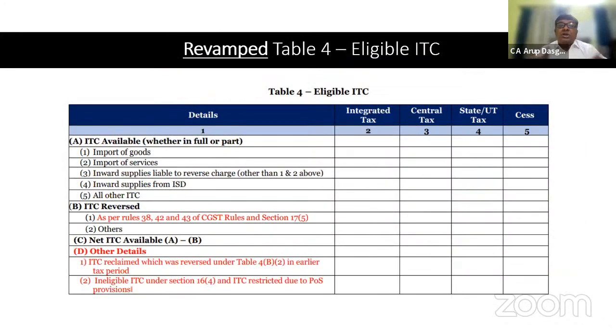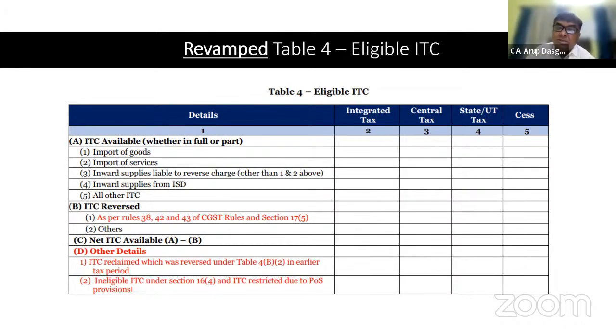So what was the solution? The solution is here. See, import of goods, import of services, inward supplies liable to reverse charge, inward supplies from ISD, this part is the same, so I don't need to discuss it. But I'll obviously give some time for discussing all other items.